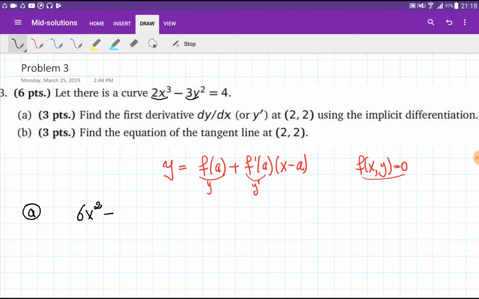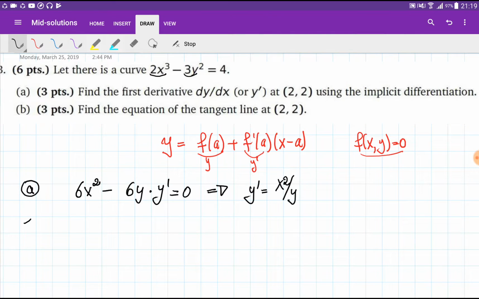We take the derivative of 3y squared with respect to y first, so this will be 6y, and multiply this by the derivative of y, which is simply y prime, equal to 0. And we need to figure out the y prime from here. This is equal to x squared divided by y.